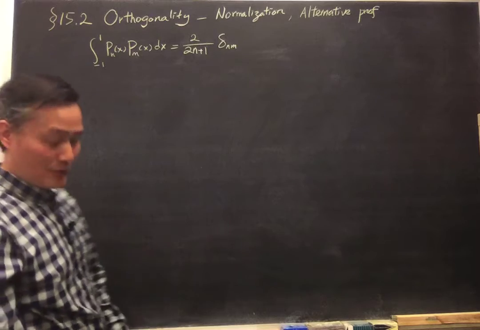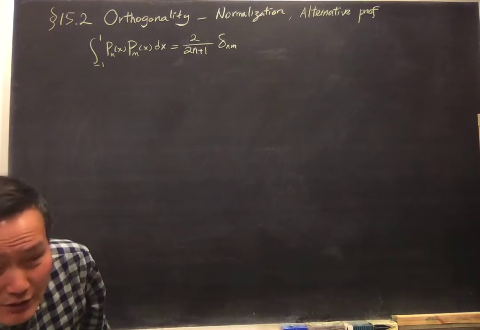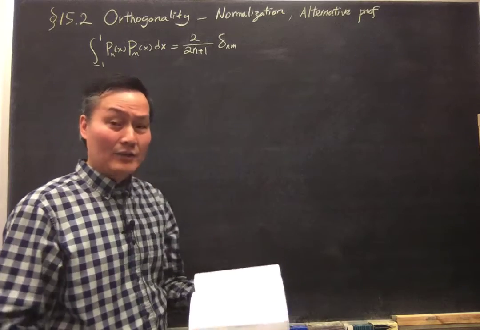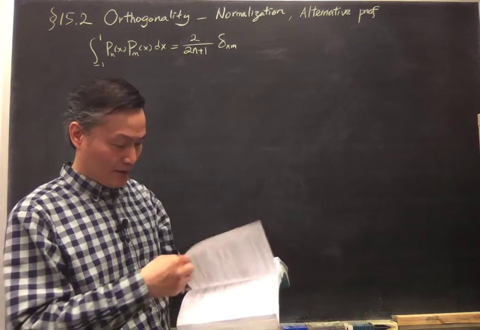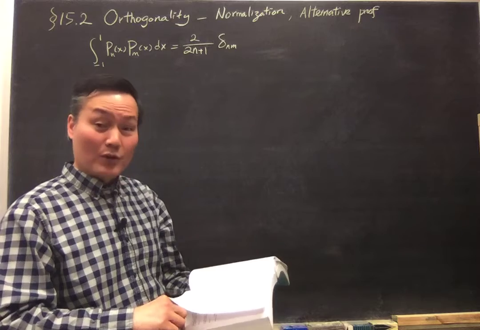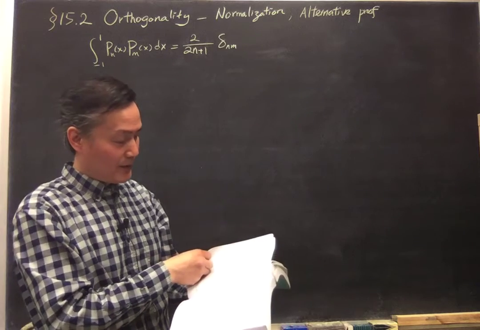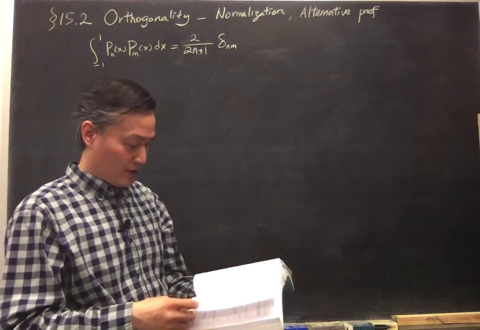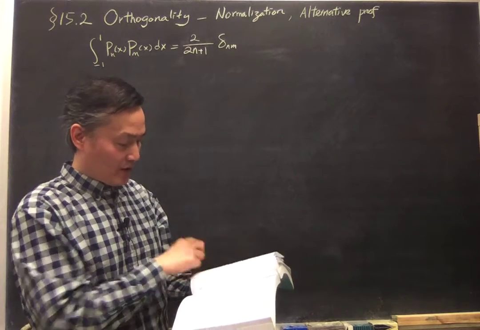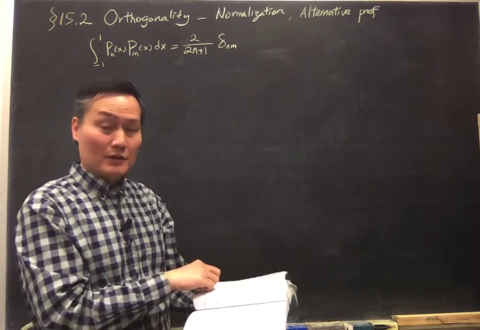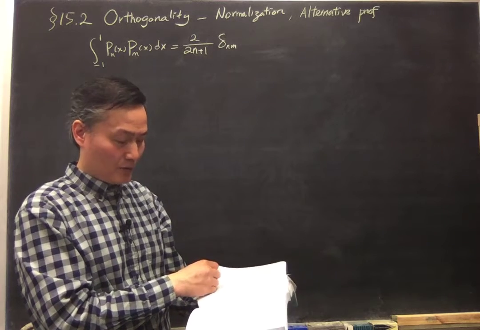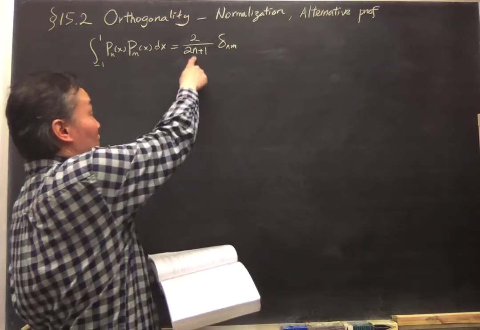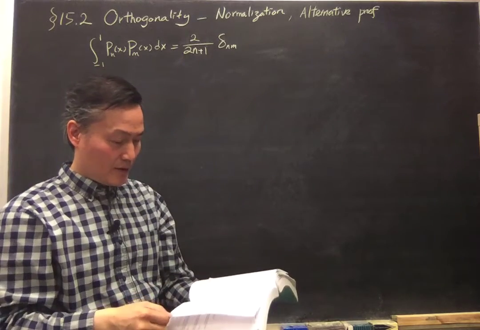Now, the textbook's derivation is a little complicated, so there are actually other ways to do it. Your textbook also mentioned an end-of-chapter exercise that uses another way to prove this. I think in that exercise we'll use the Rodrigues formula to derive this formula.